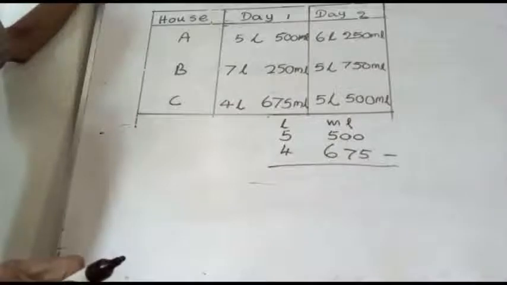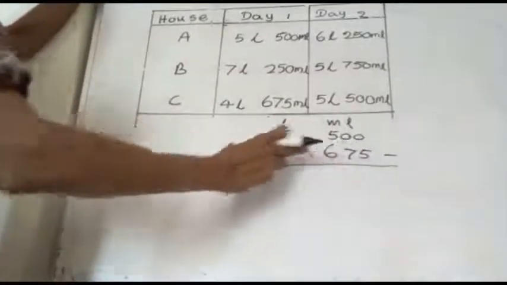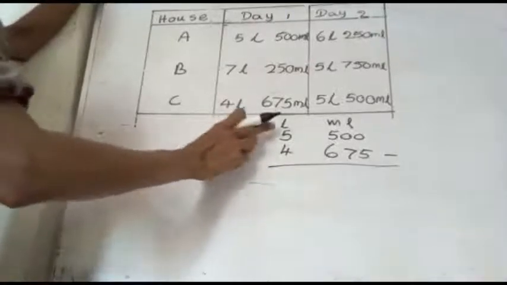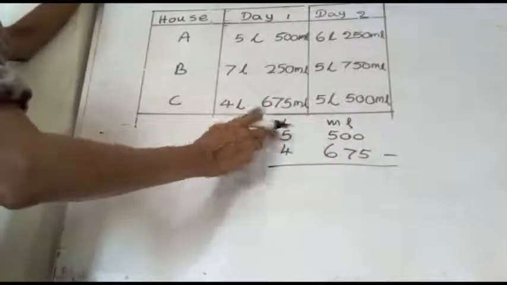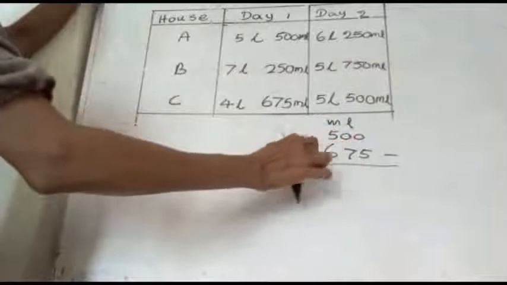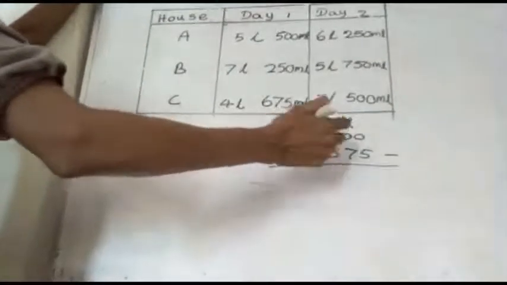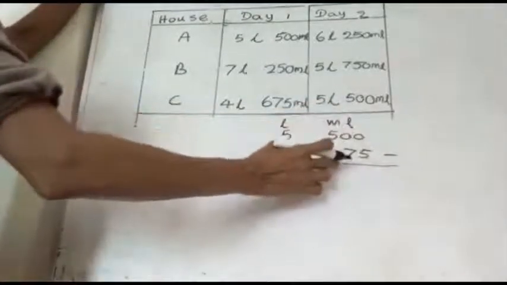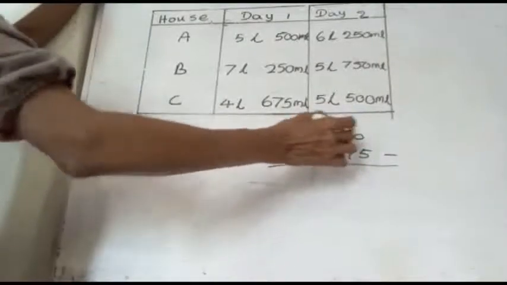The quantity that was provided on the first day is 4 liters and 675 milliliters. It is less than the amount of the second day. Then it is subtracted from the amount of the second day. 500 and 675 here. We take 1 from here. Then 1500. Here 675 is less than 1500.